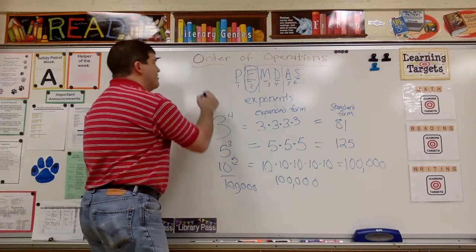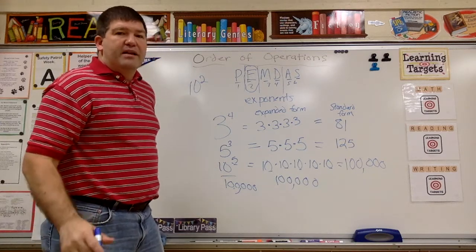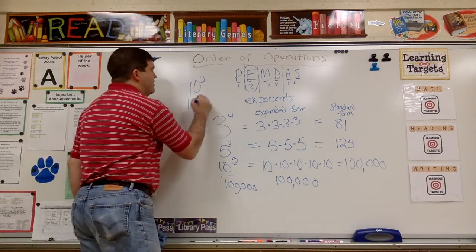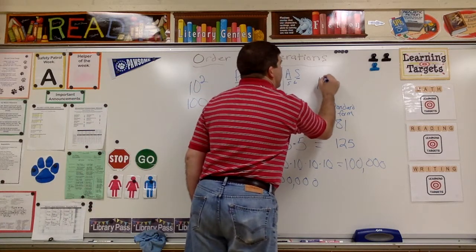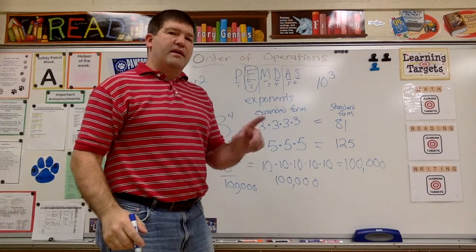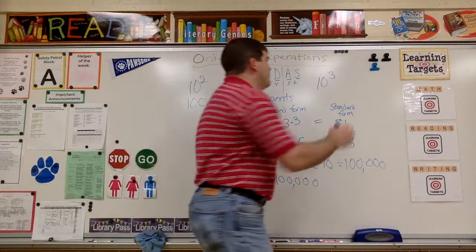Okay? Just like 10 to the second is going to be 10 times 10, which is 100. Or you could say I have a 1, 2 zeros equals 100. I could go 10 to the third, which would be 10 times 10 times 10. 10 times 10 is 100. 100 times 10 is 1,000.